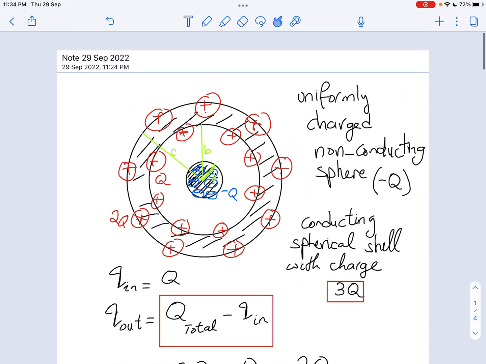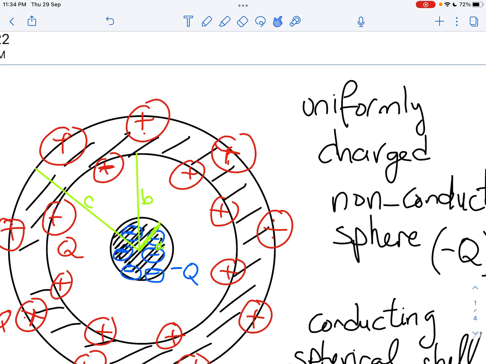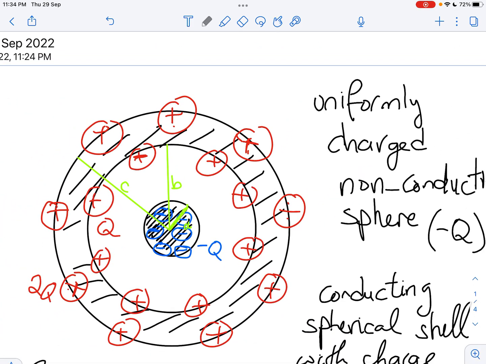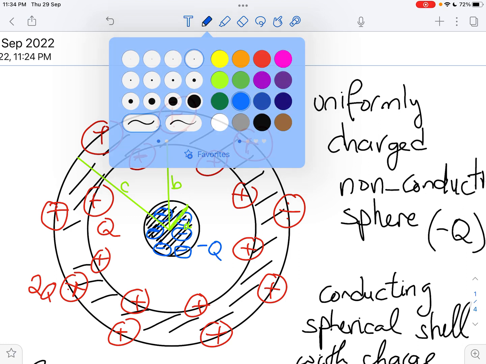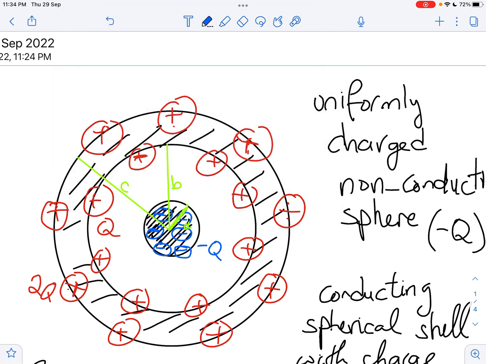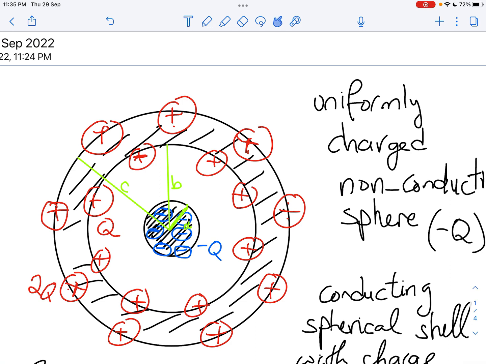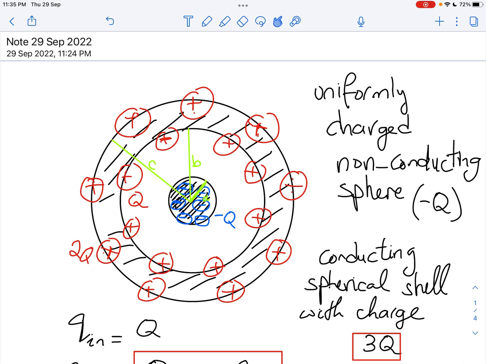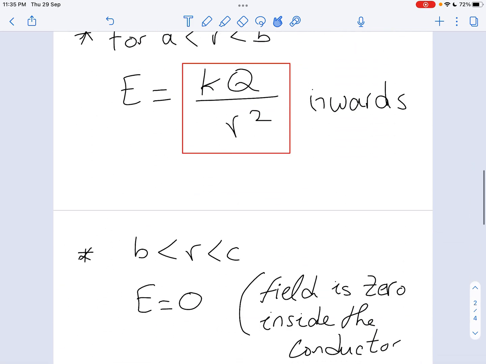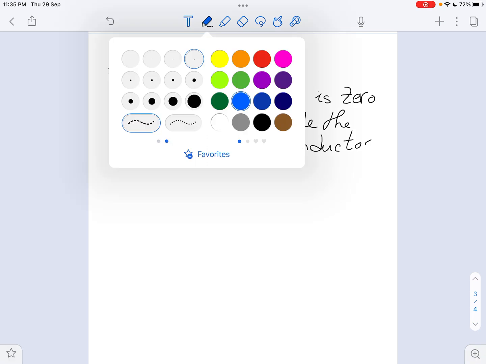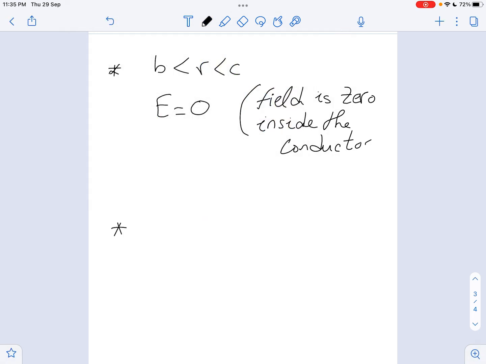Last, I want to find the electric field outside the spherical shell and the inner sphere, anywhere outside. If you take any Gaussian surface outside, what is inside that Gaussian surface are the spherical shell and the insulating sphere. So for r greater than C, I have two electric fields: the electric field due to the sphere and the electric field due to the spherical shell.